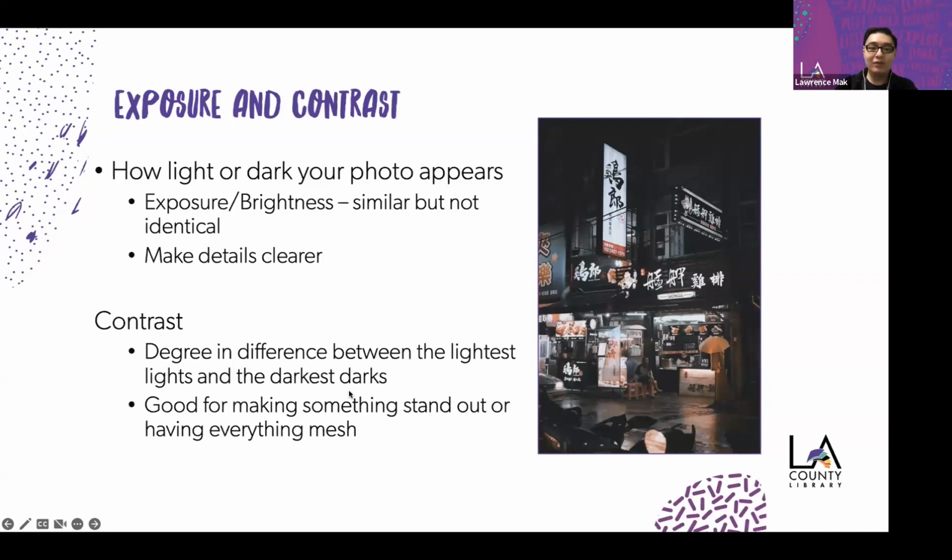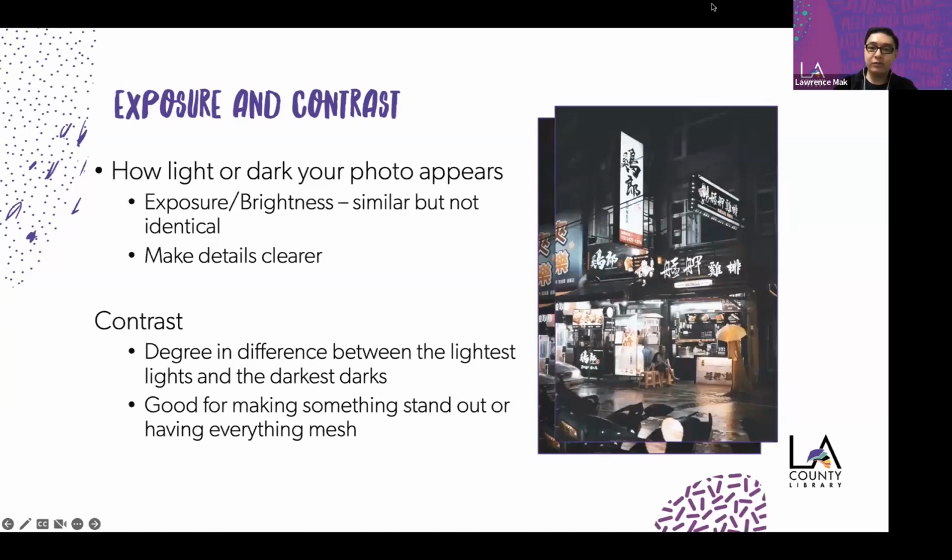But let me show you how this can look different. So for exposure and contrast, if I increase exposure and contrast in the image by a moderate amount, so let's say I increase everything by about half to its maximum setting, you can see that the image does pop a bit more. Details are more visible and it seems more vibrant compared with the original.